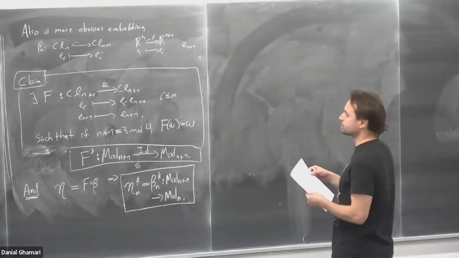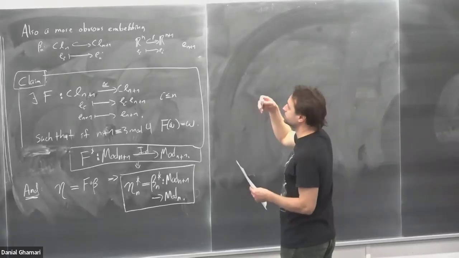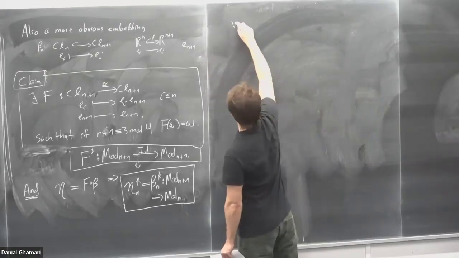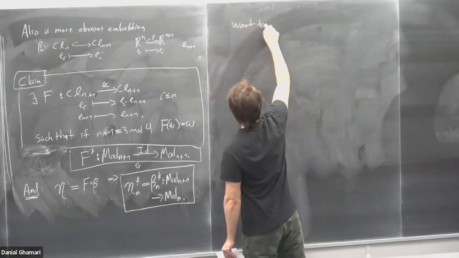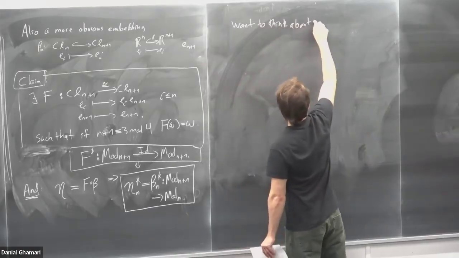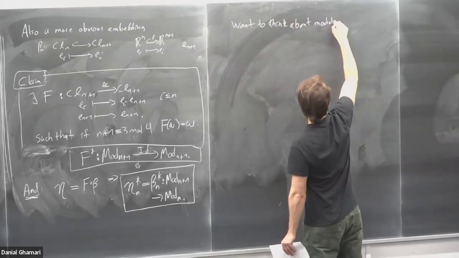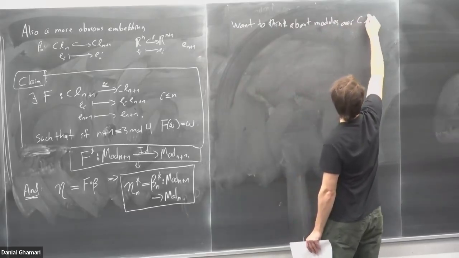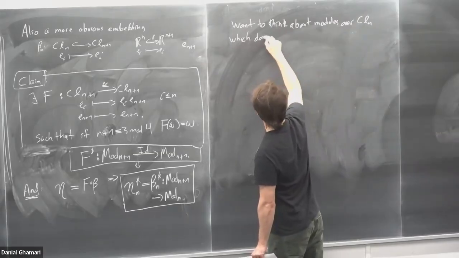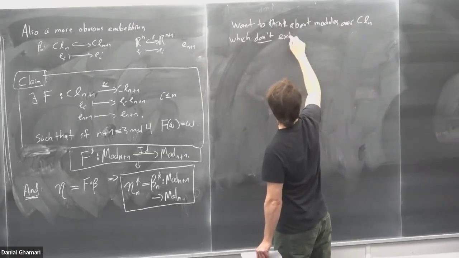All right, so now let's think about, like I said, you want to consider modules over Cl_n that don't fit.